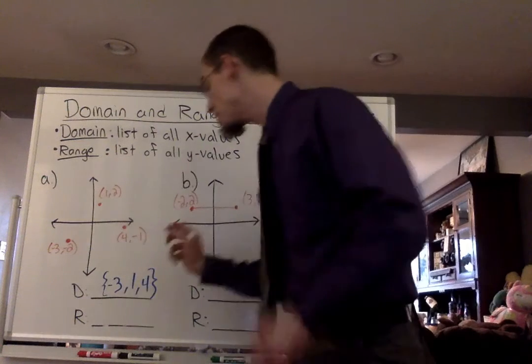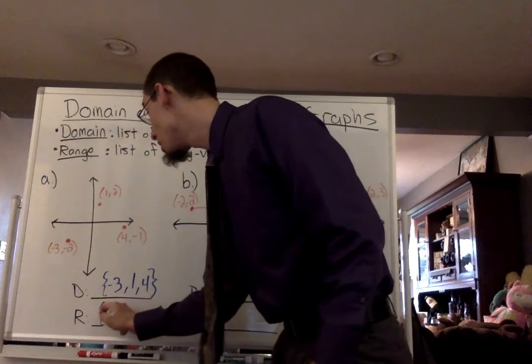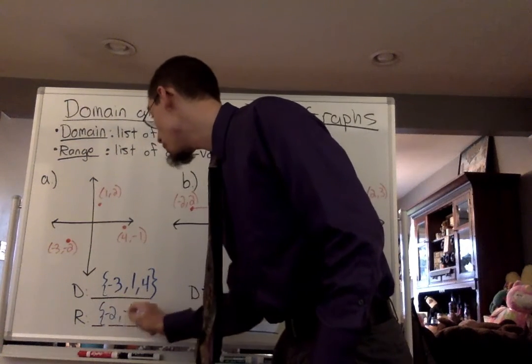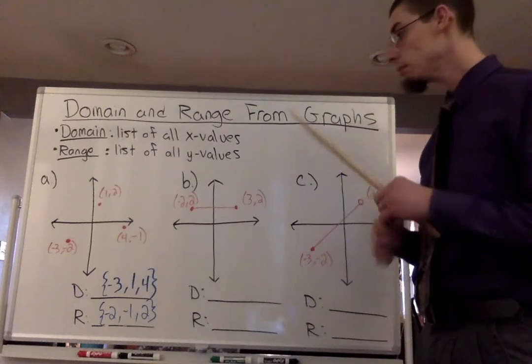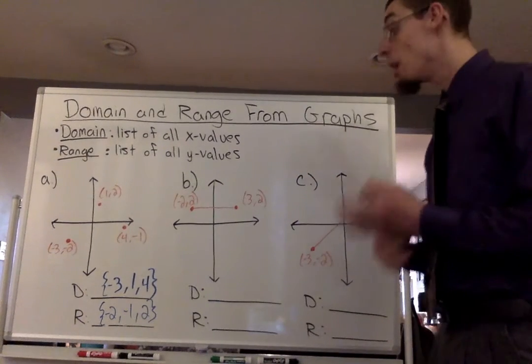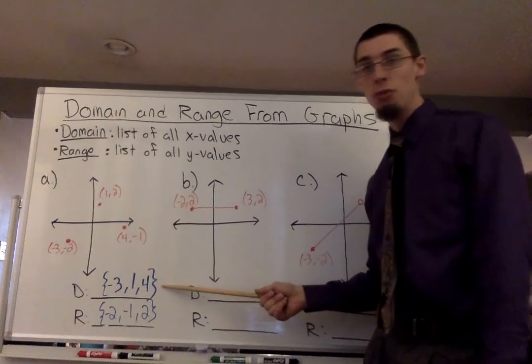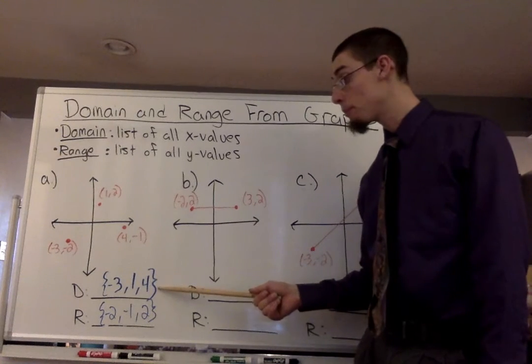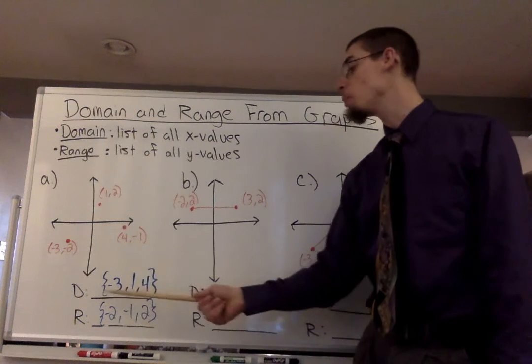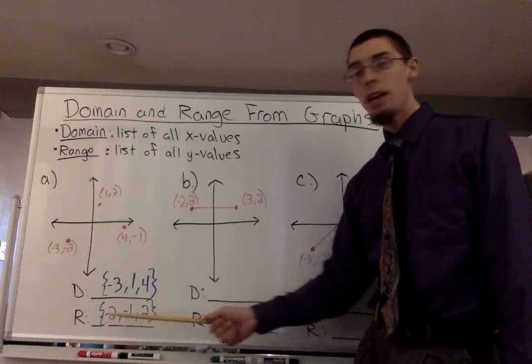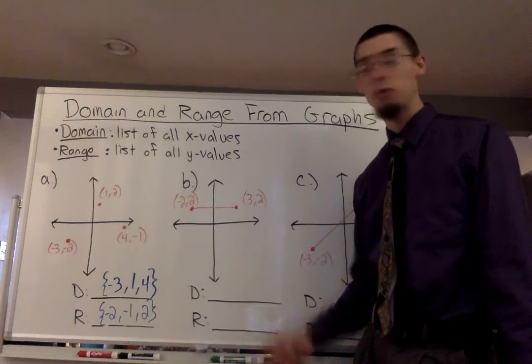So my range here is -2, -1, 2. Very, very simple. This is basically what I had you do last lesson: here's a list of some coordinates, can you pick out the x values? Can you pick out the y values?